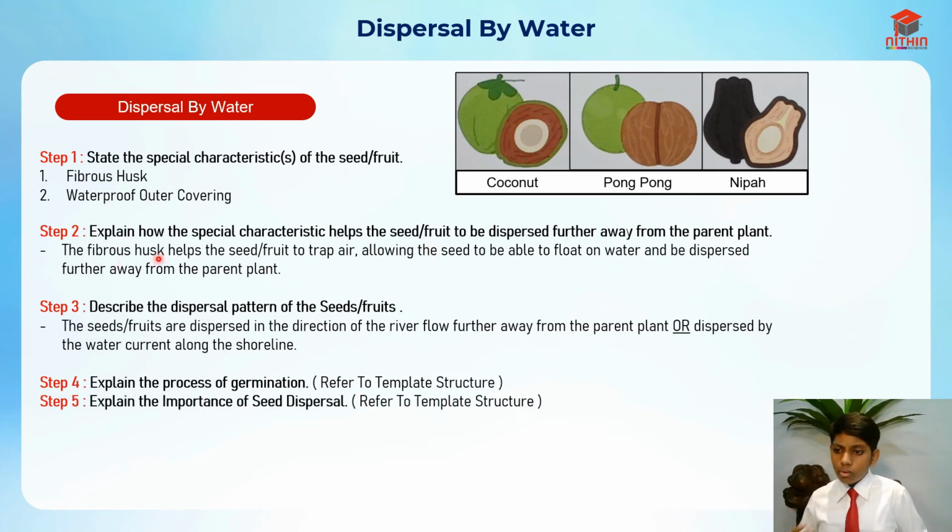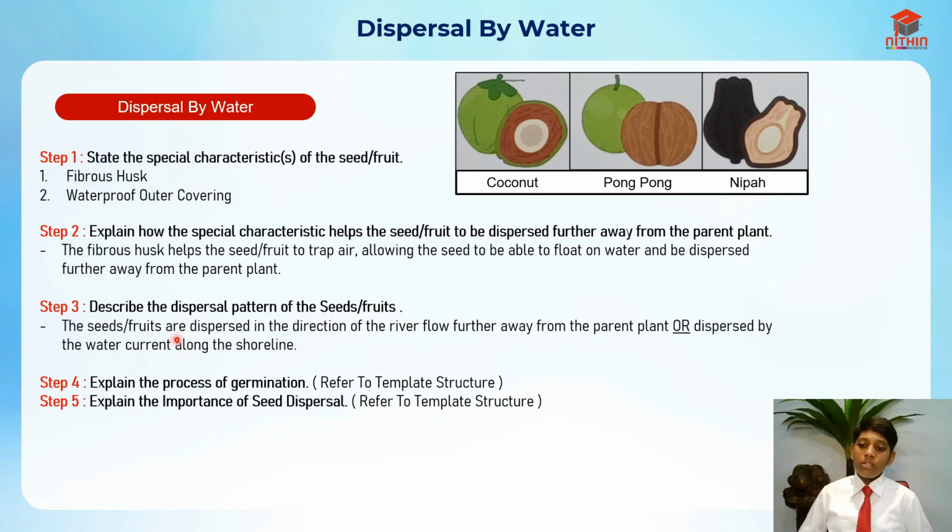For step 2, explain how the special characteristics help the seed or fruit to be dispersed further away from the parent plant. The fibrous husk helps the seed to trap air, allowing the seed to float on water and be dispersed further away from the parent plant. Like I said before. Step 3, describe the dispersal pattern of the seeds or fruits.